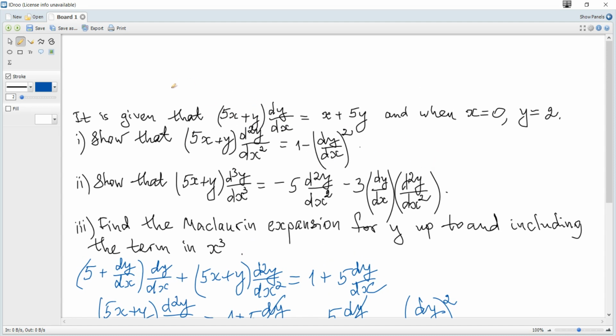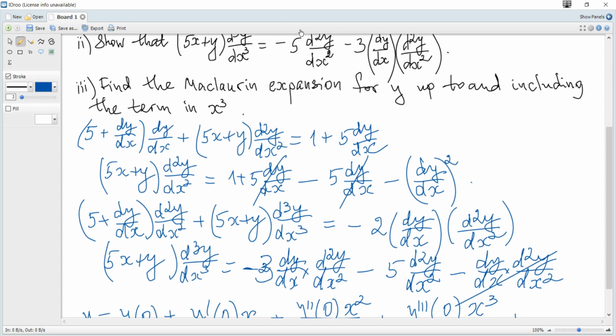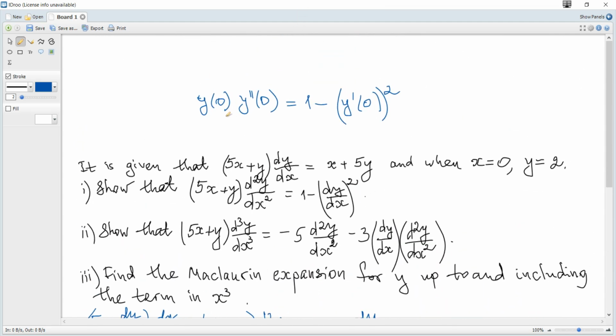So it becomes 5 times 0 is 0, y of 0, and the second derivative at 0 is equal to 1 minus the first derivative at 0 squared, and y of 0 is 2. 1 minus the first derivative, 5 squared.